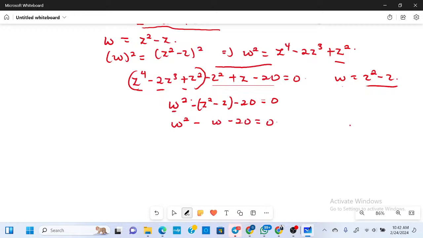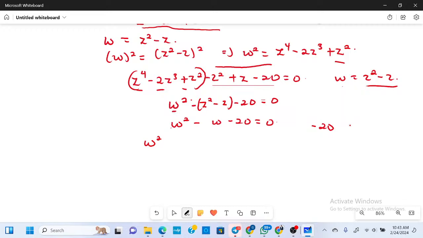At this point, I have a simple quadratic equation for which I have to find the values of W. So if you have W squared minus W minus 20 equals 0, you can simply punch this into your calculator and get the factors of this equation. Or we can solve it manually. We multiply the coefficient of A by C, negative 20. What are the factors of negative 20 that give us negative 1?